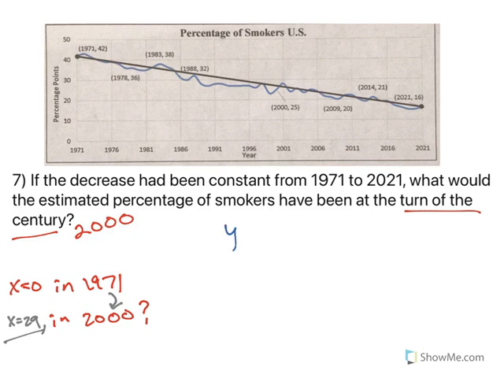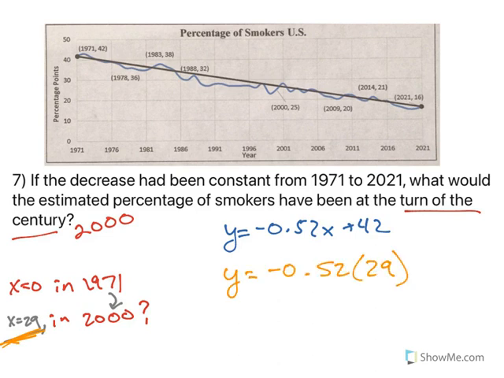Our equation, again, Y equals negative 0.52X plus 42. We have just said our X is 29 because we are estimating the percentage of smokers. So I plug in 29 for X, plus 42. Order of operations tells me to multiply first.